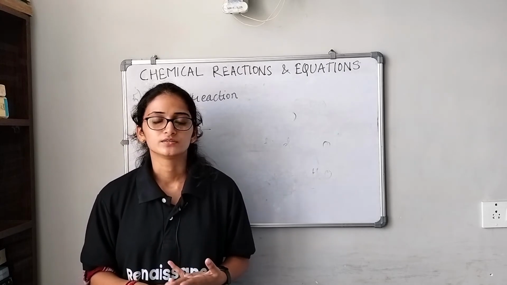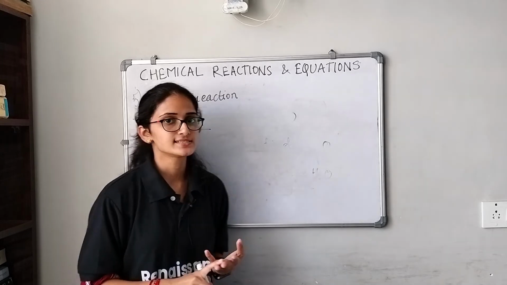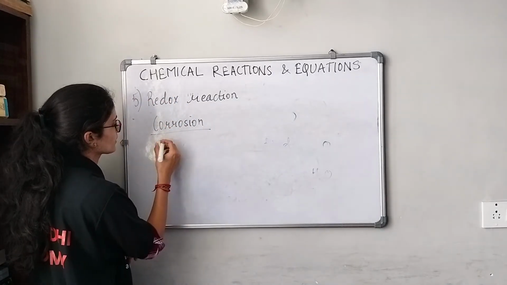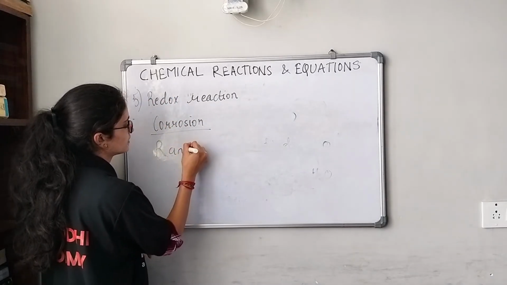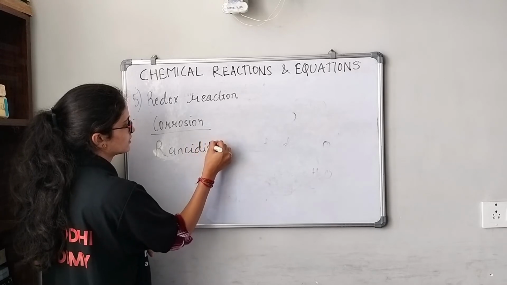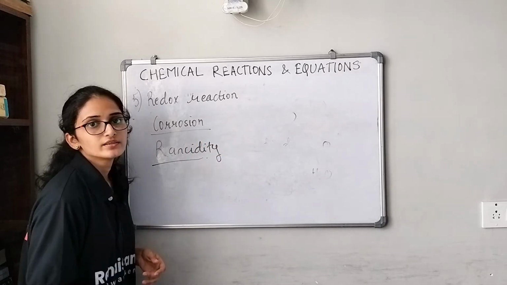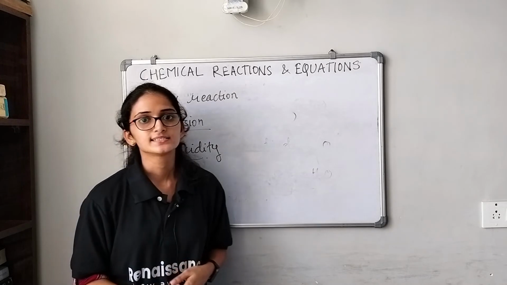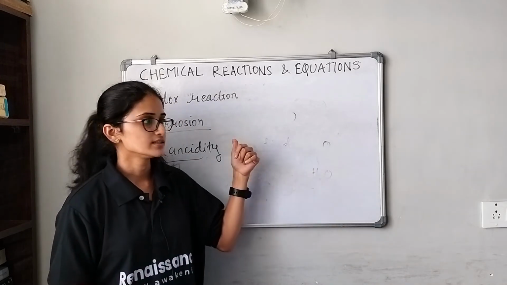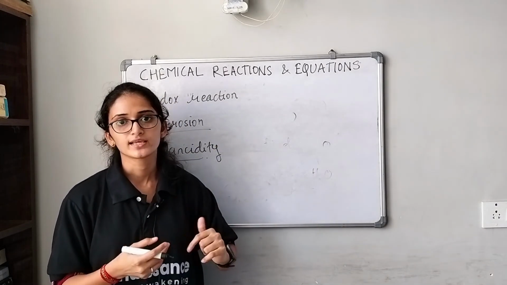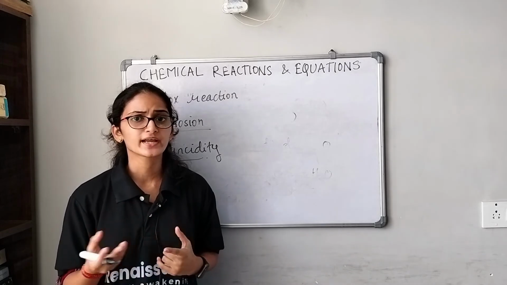The next topic we are going to see is rancidity. Now what is rancidity? In the case of metals, we have seen that when they are exposed to air and moisture, they get corroded.